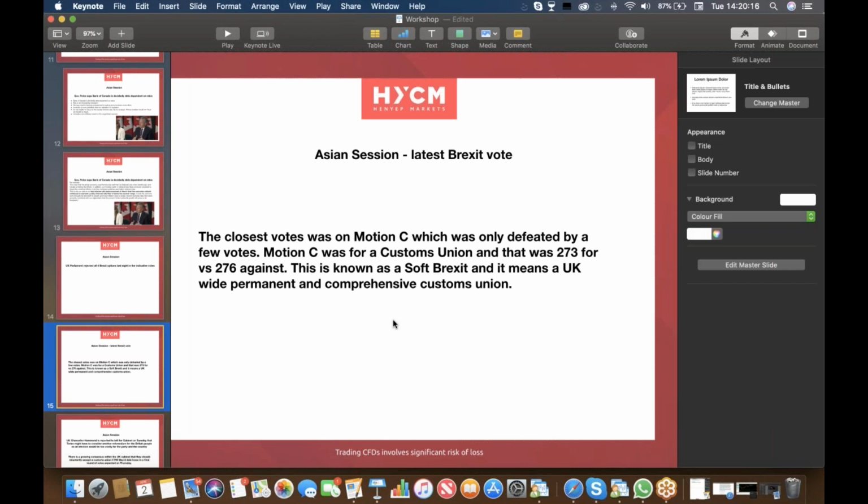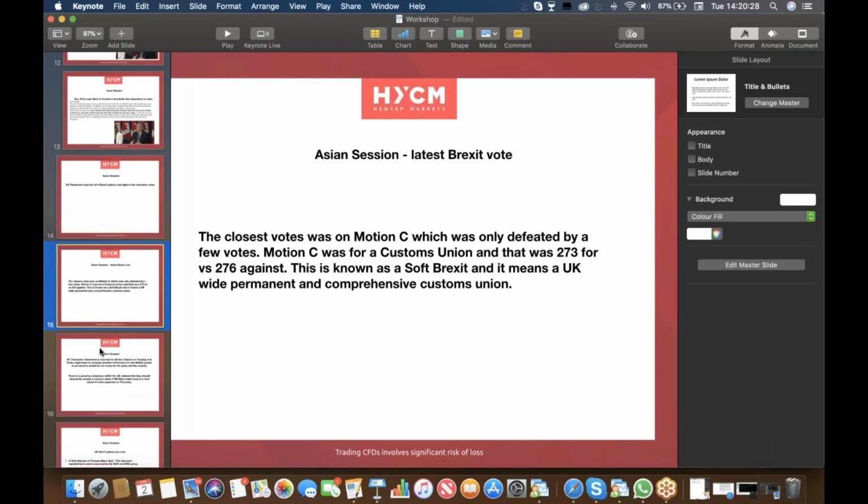A soft Brexit avoids those. So that would be very positive for the pound, and you can see the pound jump to about 1.3600 quite quickly if a soft Brexit was announced. So the interesting thing to be storing in the back of your mind is that the closest Parliament has got to a majority is with this customs union, soft Brexit.